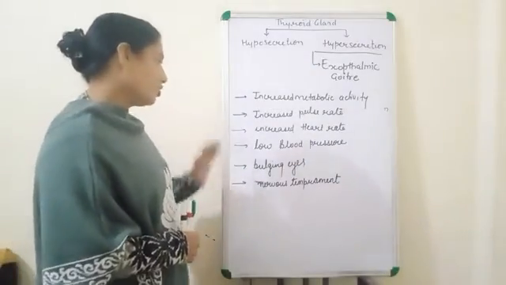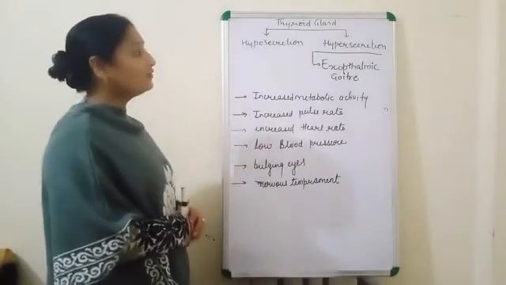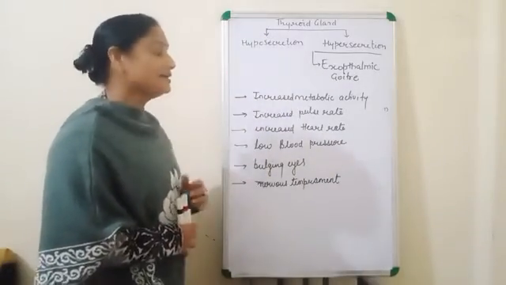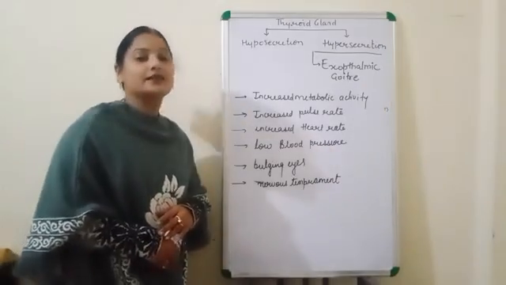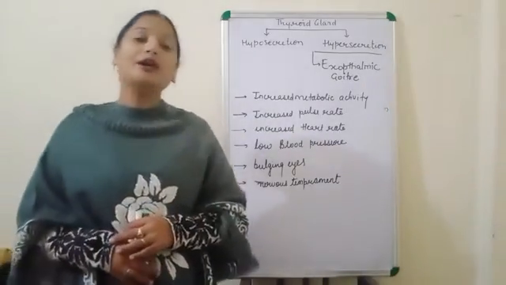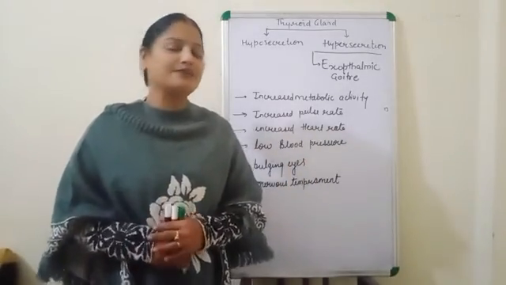Okay, so all these are the important symptoms of the hypersecretion of thyroxine. Clear? Now, in the next part of the video, we'll see about the next important endocrine gland.